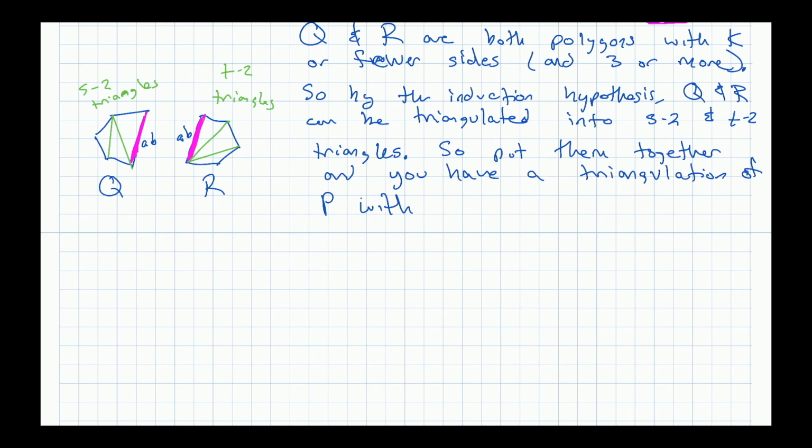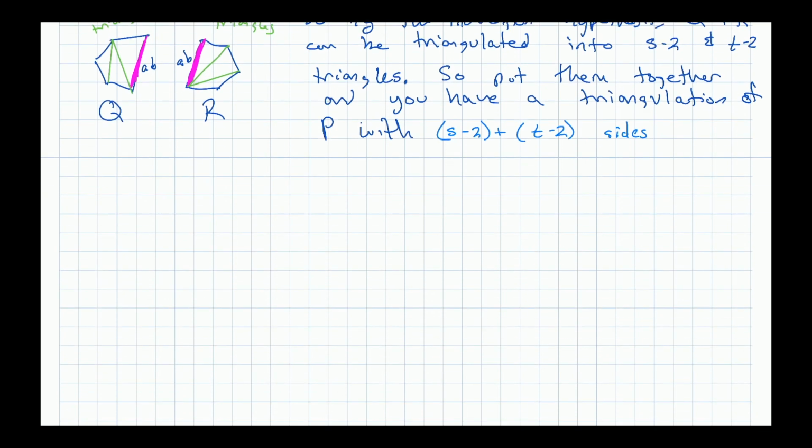So if we add them up together, we would have S minus 2 plus T minus 2 sides, right? I keep saying sides when I mean triangles.